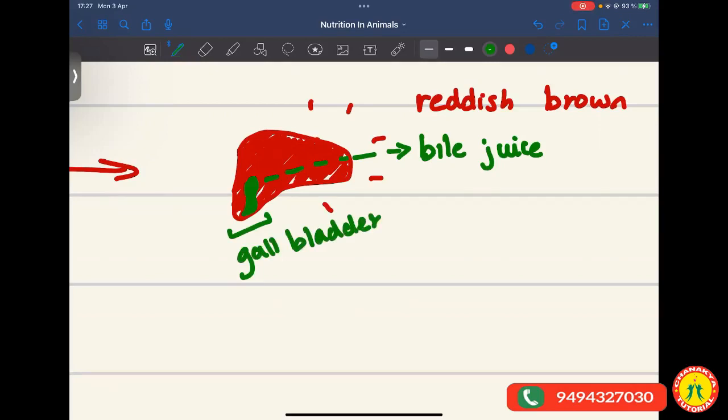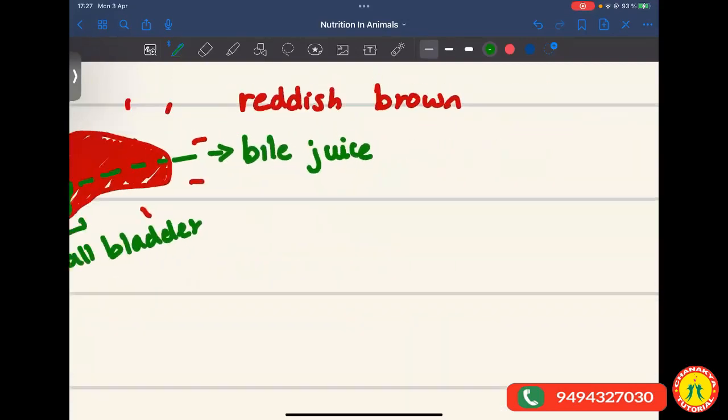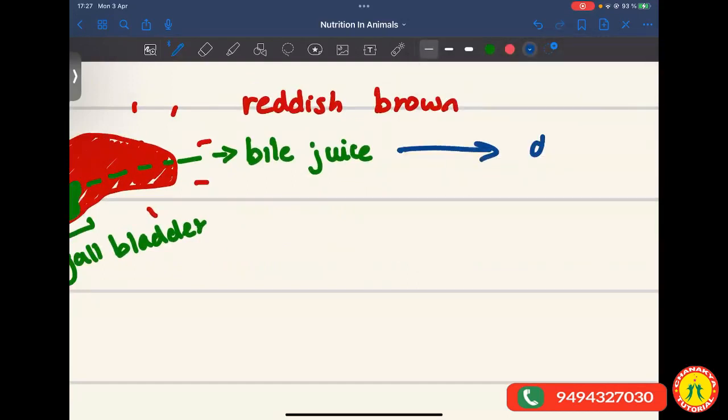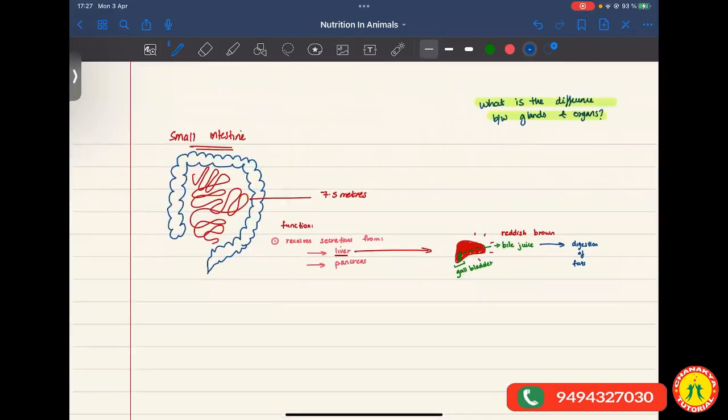Okay, so this bile juice has an important role in the digestion of... so HCl in the stomach helps in the digestion of which nutrient? Quickly.